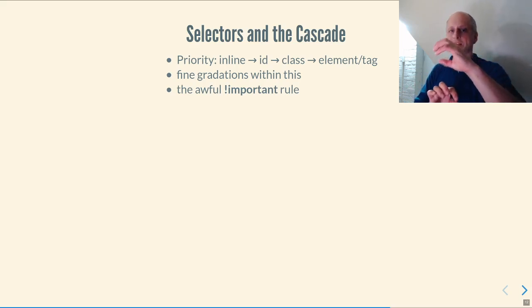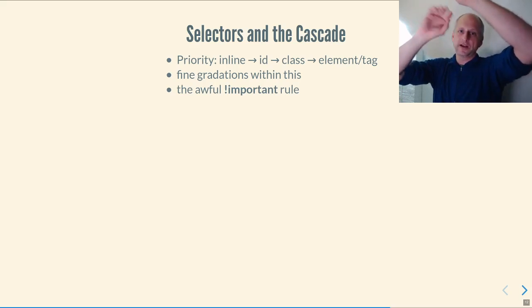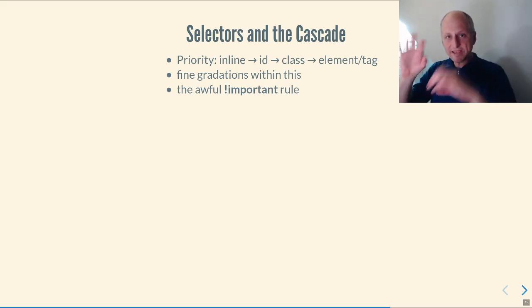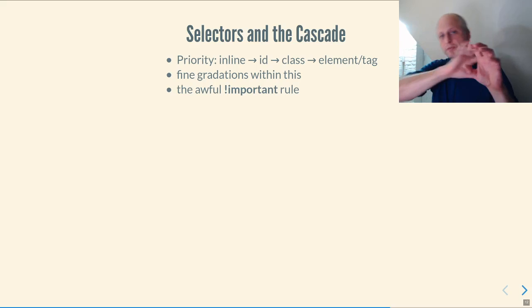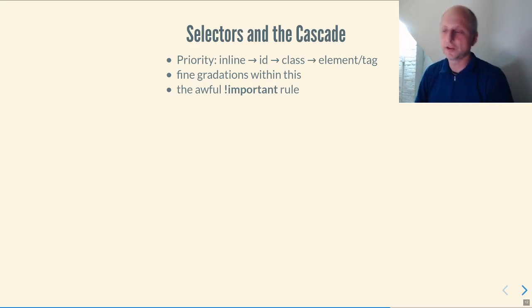A level above that is a rule that applies to a class, and above that is a rule that applies to an ID. Above that is what's called inline CSS, which we won't really use much in this class. And then within that, there are fine gradations because selectors can be very complex and have combinations of ID and class elements and so forth.